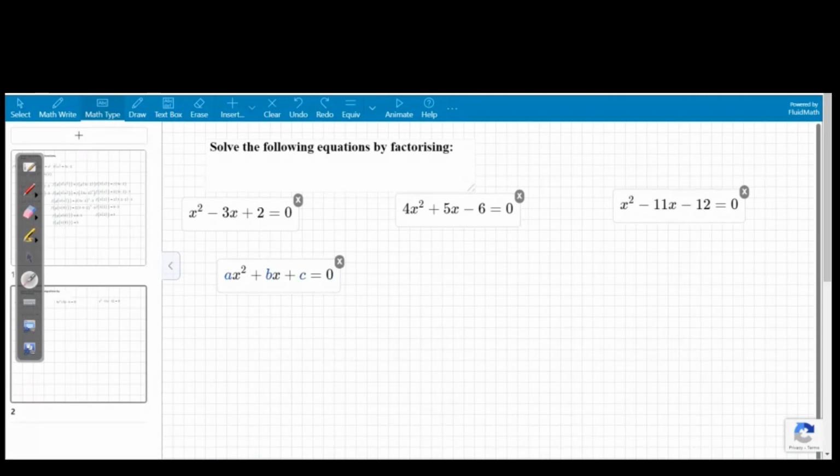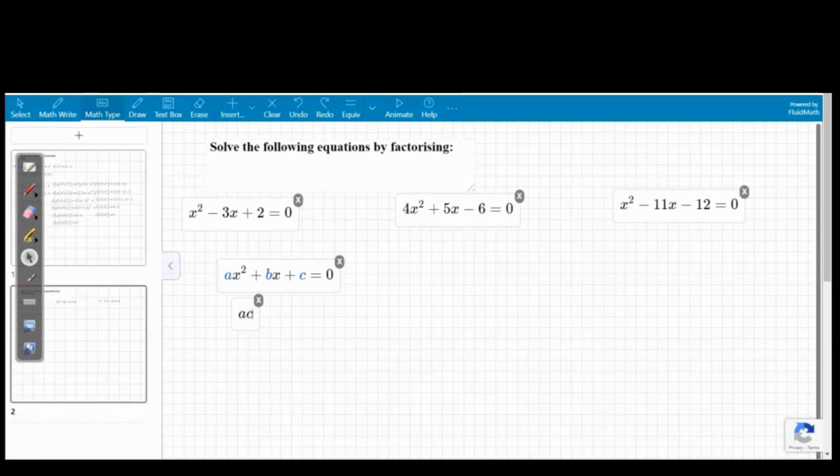Now, in solving this one analytically, what we normally do is to multiply the coefficient of x squared by the c, which results in AC.